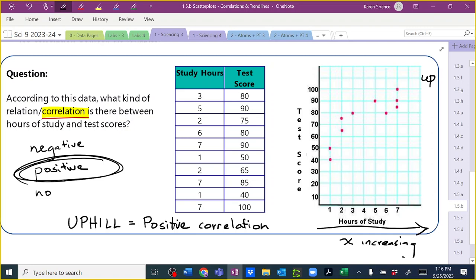Now, what I'd like you to do with your ruler is I would like you to try with pencil, so you can erase it if you need to, drawing a trend line through that data.